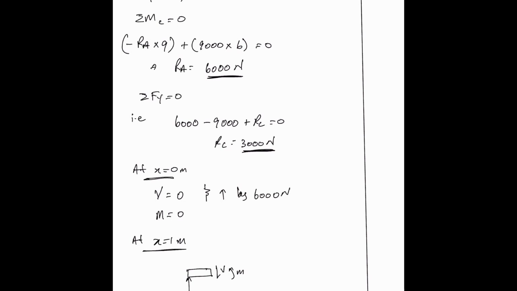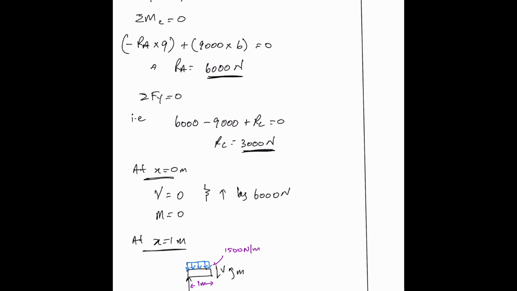And now on top here, we have the distributed load. But remember, we're only looking at a 1 meter span from here to here. And this here is 1500 Newton per meter, right?